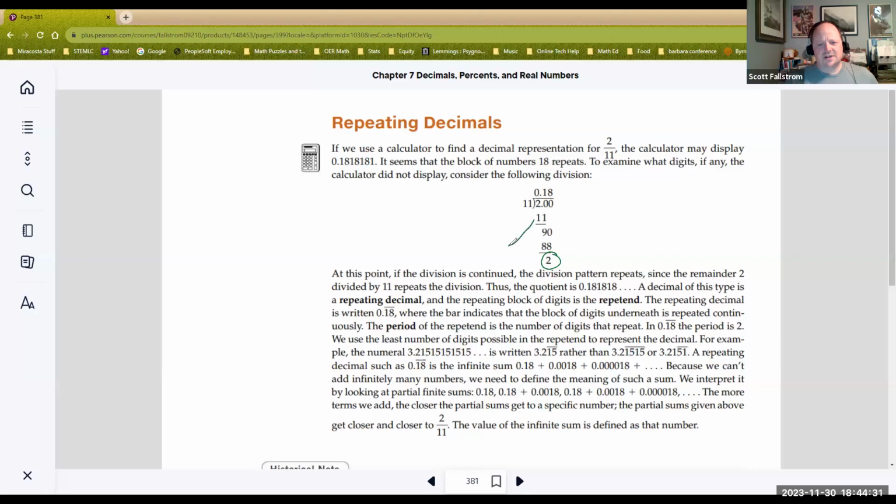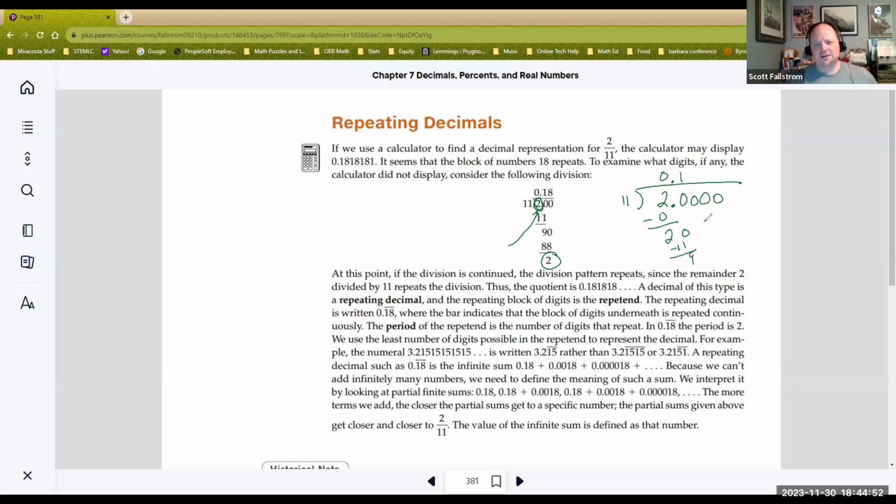I want you to notice that it matched the remainder of 2 that I started with. If I divided 11 into the number 2, it goes in 0 times, and when I subtract, I get a remainder of 2. Now I can put my decimal point in and continue appending zeros as many times as I want.